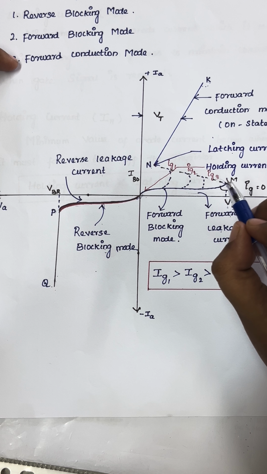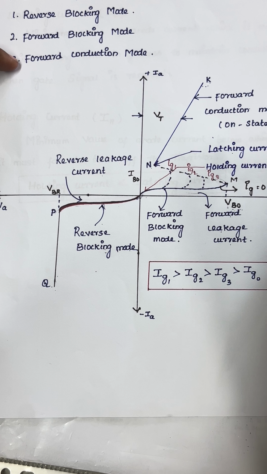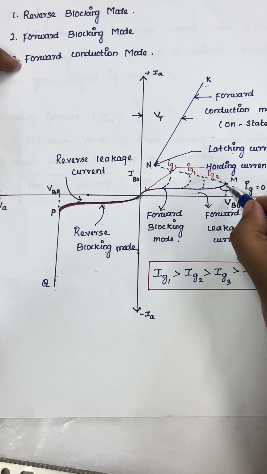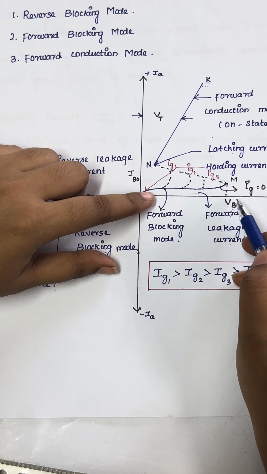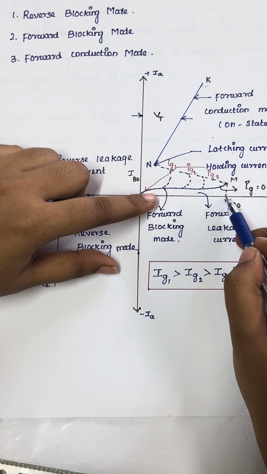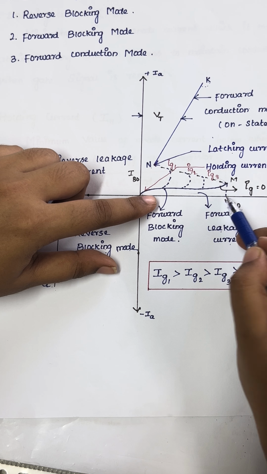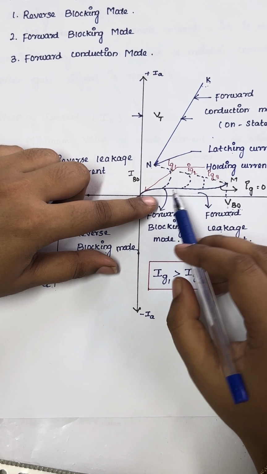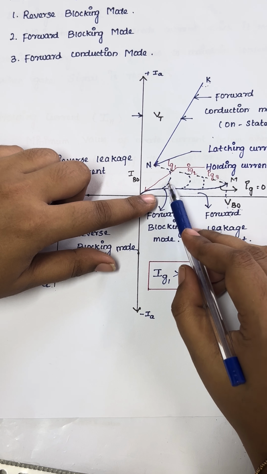With the gate, the breakover voltage is lower. That means if you apply a gate supply, the SCR will conduct earlier than without gate supply. Here I am giving a gate supply 1.